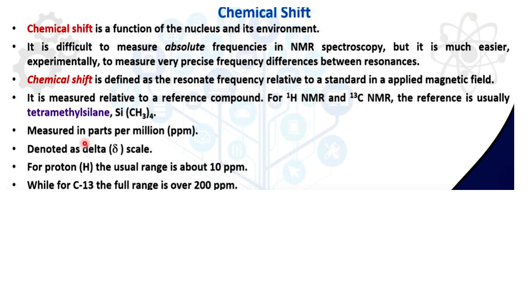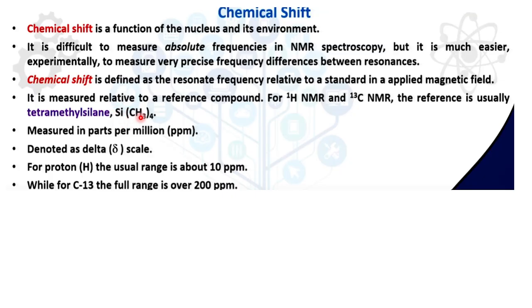So chemical shift is defined as the resonant frequency relative to the standard in applied magnetic field, and it is measured relative to a reference compound. For 1H NMR and 13C NMR, the general reference that is used is tetramethylsilane.